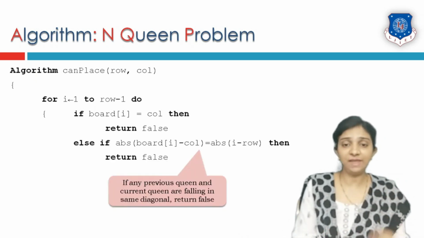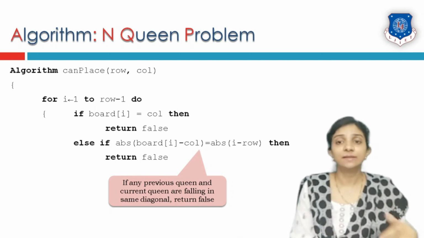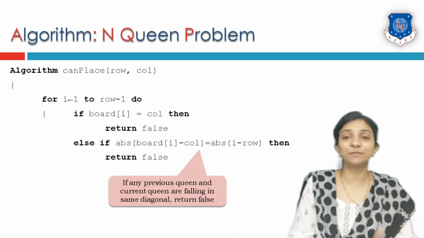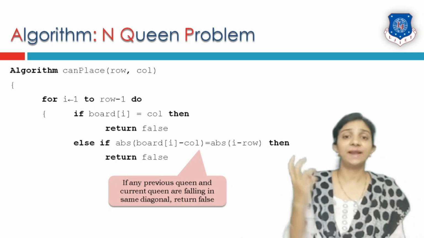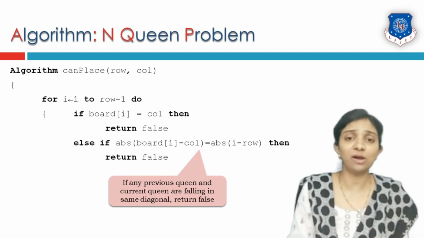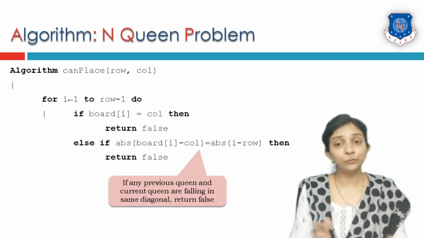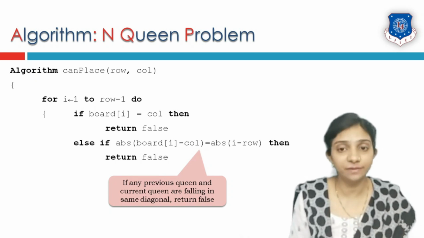So if any previous queen is present on the same diagonal, then we also have to return false. The absolute difference between rows is absolute of I minus row, and the absolute difference between columns is board of I minus column. If two queens fall on the same diagonal, then we also have to return false.